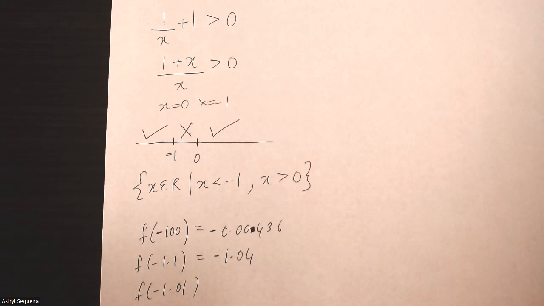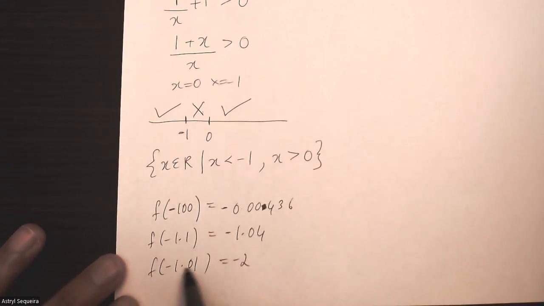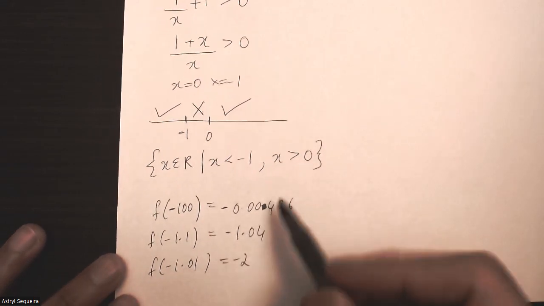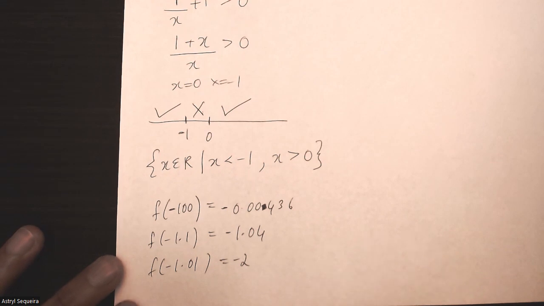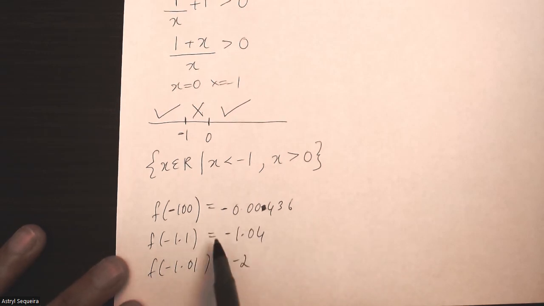Sub in negative 1.01, I get negative 2. So this is going to keep getting larger and larger in magnitude as this gets closer to the asymptote, which means this will eventually go down to negative infinity. So I know that for the negative side of this equation, it's going from basically 0 to negative infinity.